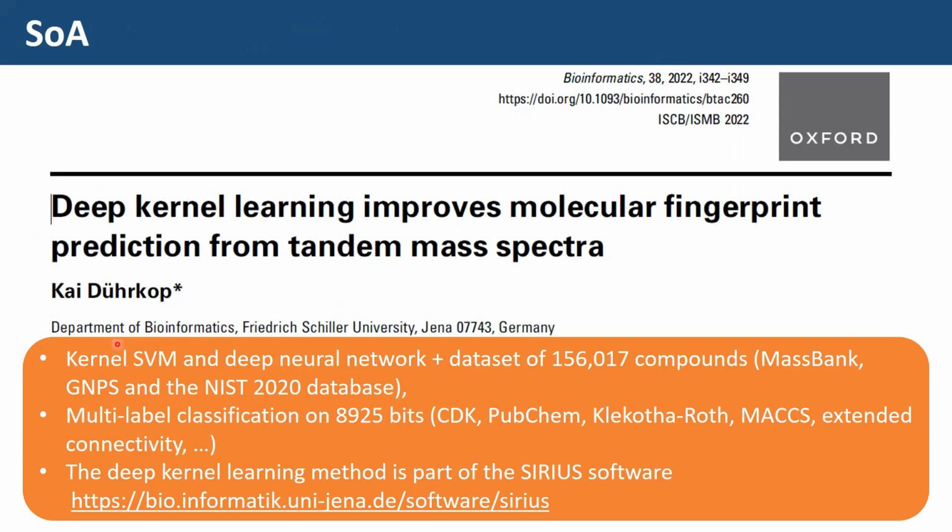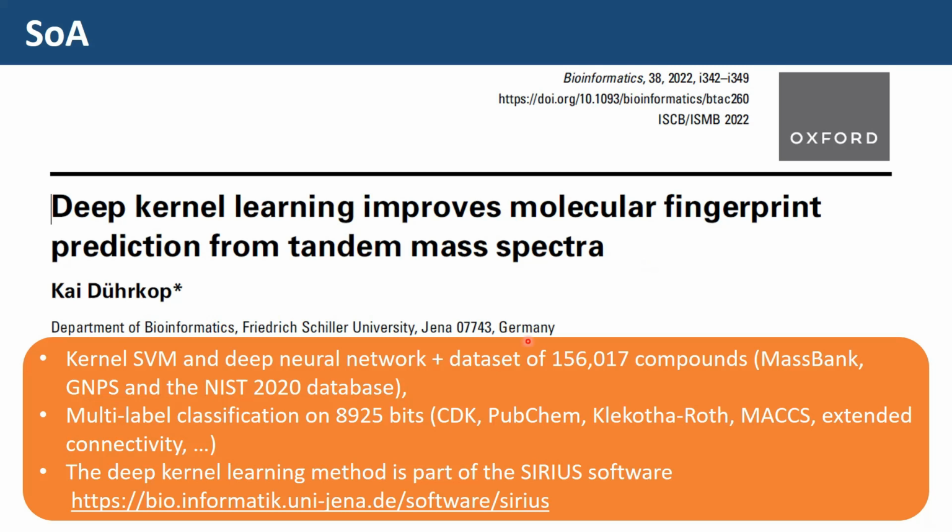And then, as I said before, they use a bigger data set for training the models, because they merged different databases, the MassBank, the GNPS, and the NIST 2020 database, and so a much bigger data set. And also they use different notation for fingerprints.